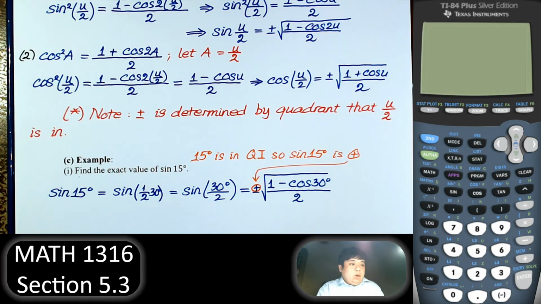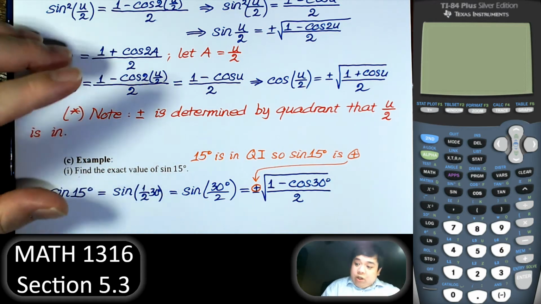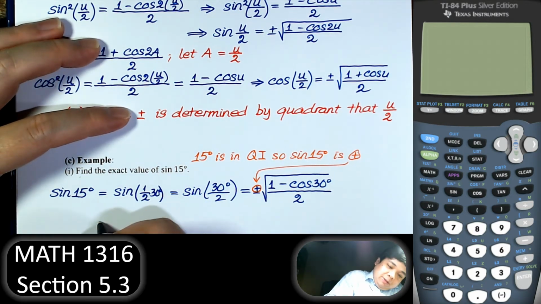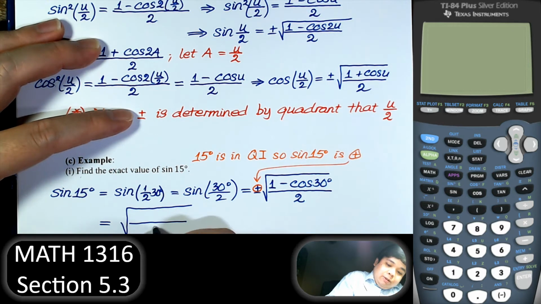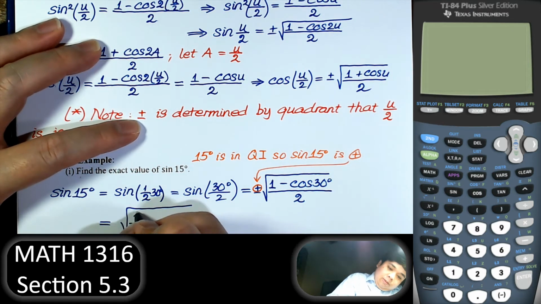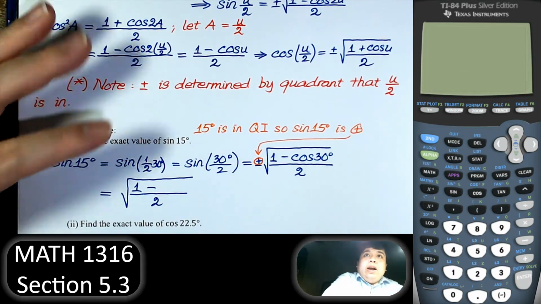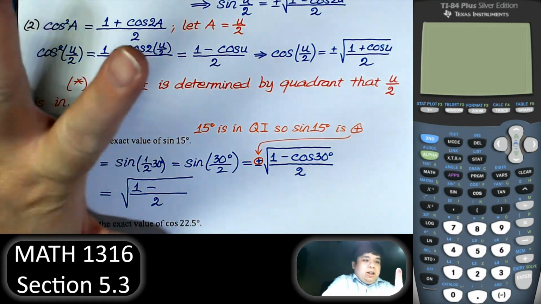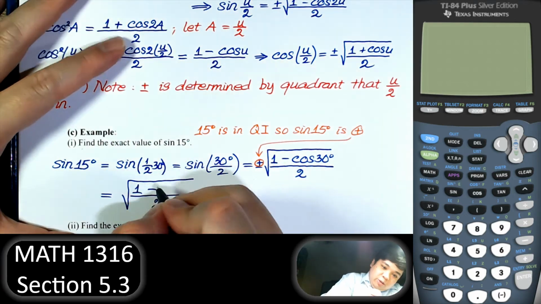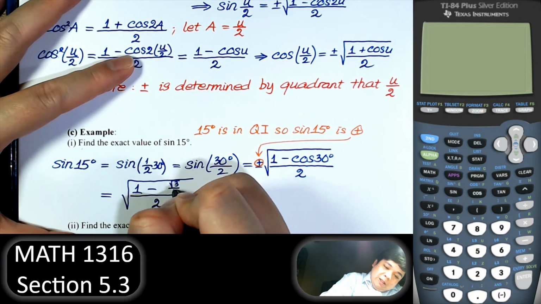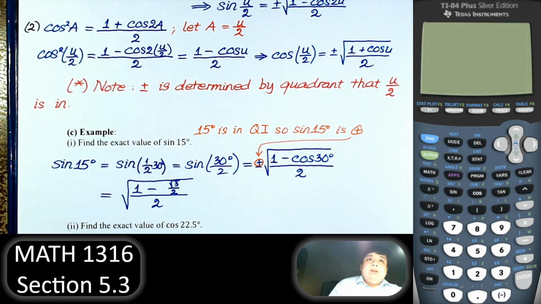Right. And then cosine of 30 degrees is square root of 3 over 2, right? So the square root of 1 minus square root of 3 over 2, all over 2.